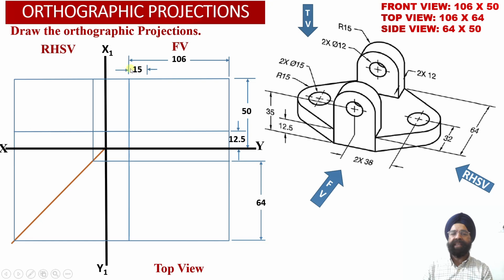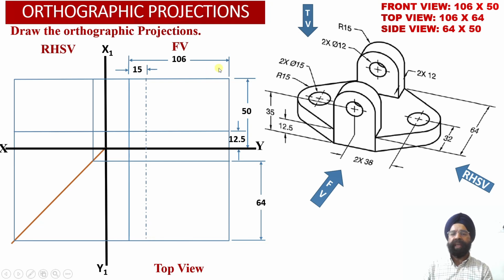So now we have marked a distance of 15 millimeter from the left hand side face of the solid, and the center line corresponding to the circular portion has been obtained into the front view projections, and this center line has been extended into the top view projections as well.